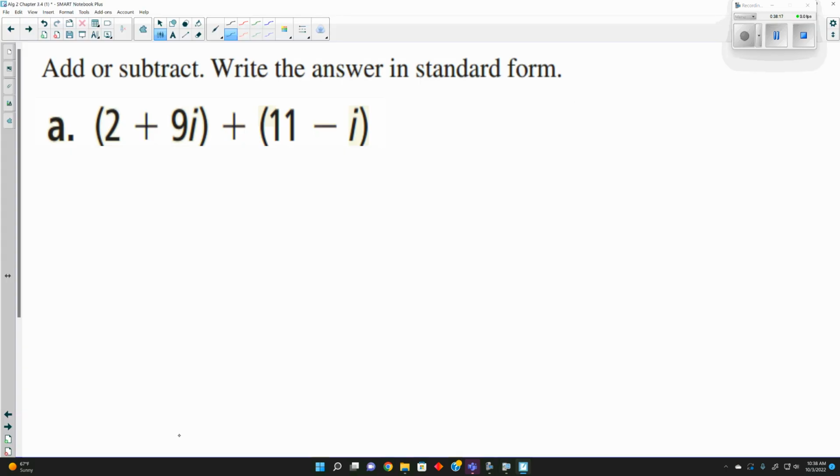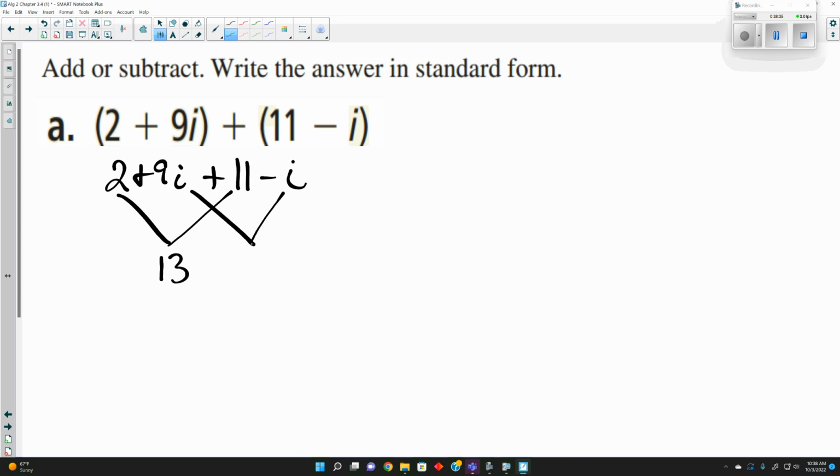Now, if we did this by hand, because it is plus, we have 2 plus 9i. 2 and 11 are like terms, yes? 2 plus 11 is? 9i minus i. 9 minus 1 is?